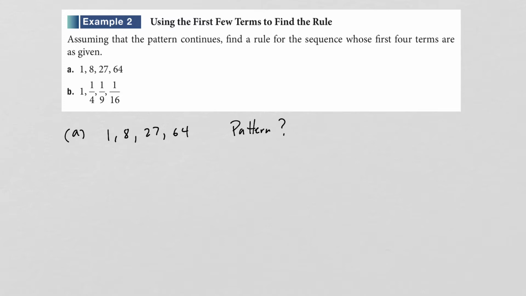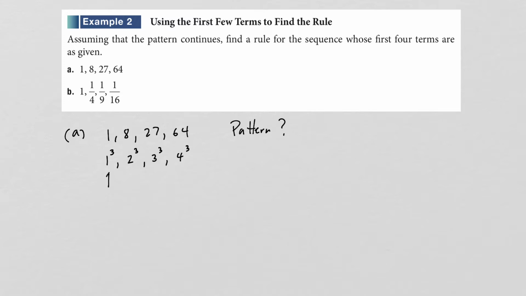Well, if you think for a little bit, you might recognize that these are all perfect cubes. So if you take 1 and you raise it to the third power, you get 1. If you raise 2 to the third power, you get 8. 3 to the third power is 27, and 4 to the third power is 64.